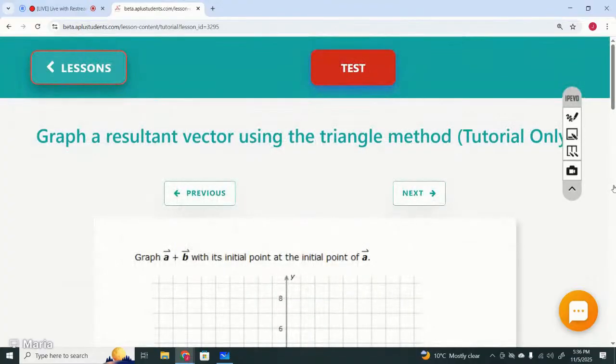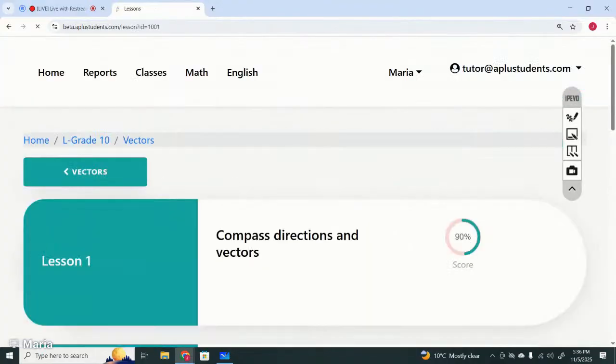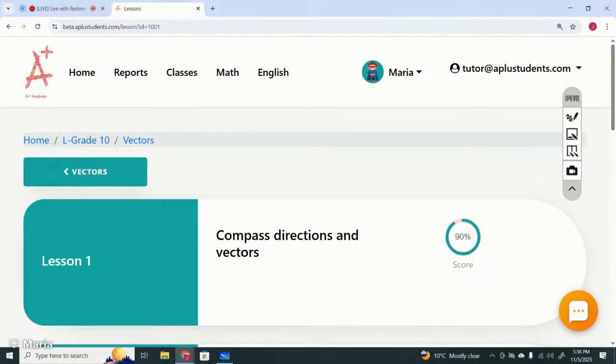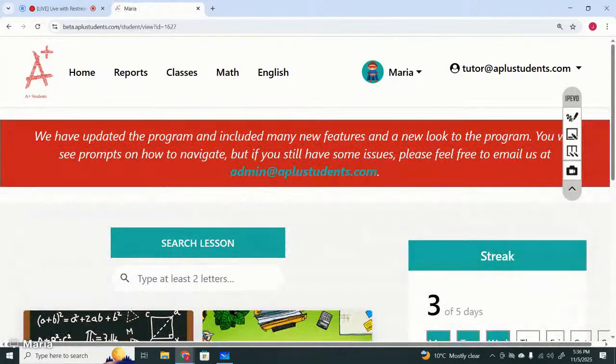So for this lesson we have tutorial only. We do not have any test questions, right? So you can find test questions in your notebook and do as many as you can so that you can understand easily, okay? So we were working on grade 10 math.